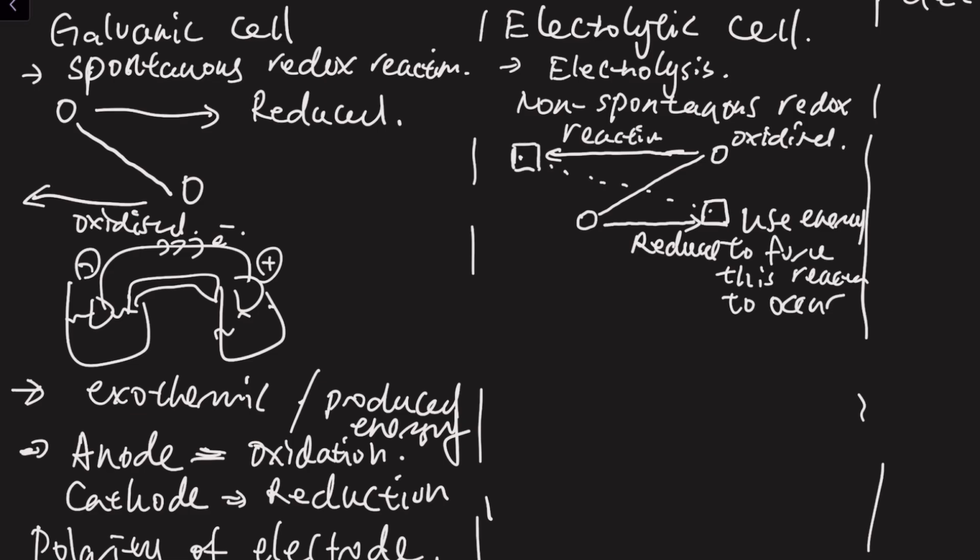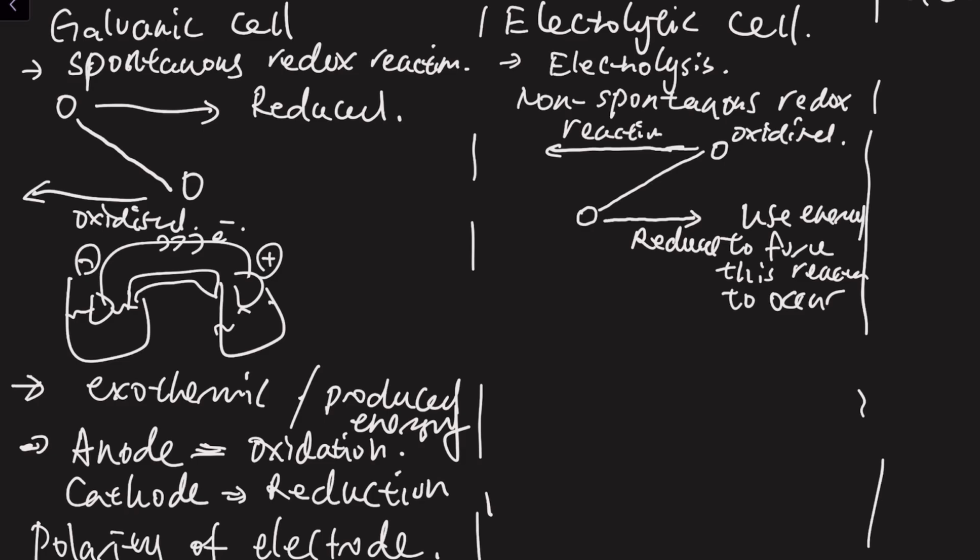So perhaps it's a good idea in an electrolytic cell to not let these two things contact each other. Otherwise, we will just go back to the original form, because we are forcing the reaction. Because it requires energy, it's endothermic. You can also think of this from another perspective. Since the spontaneous redox reaction is exothermic, then the reverse must be endothermic.